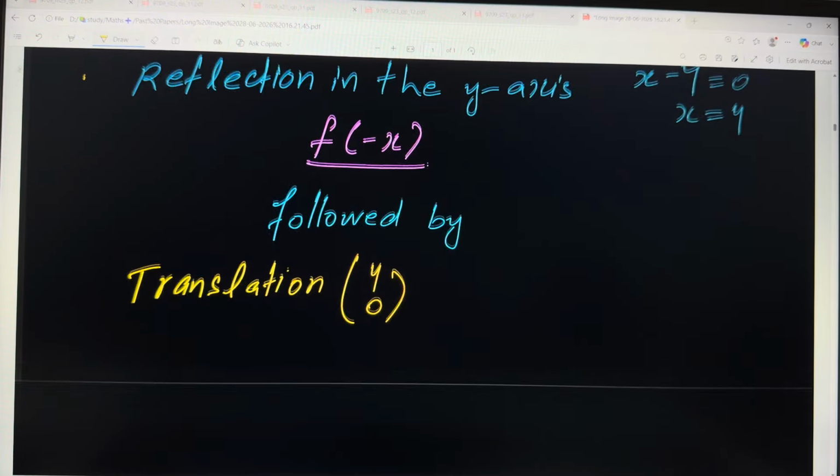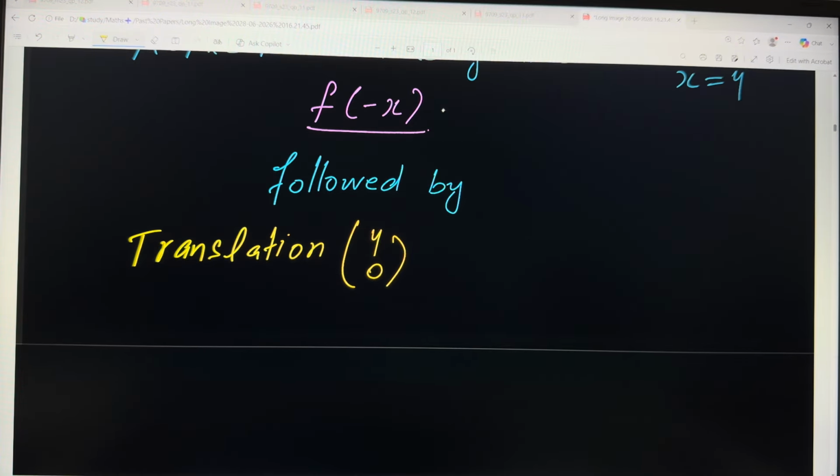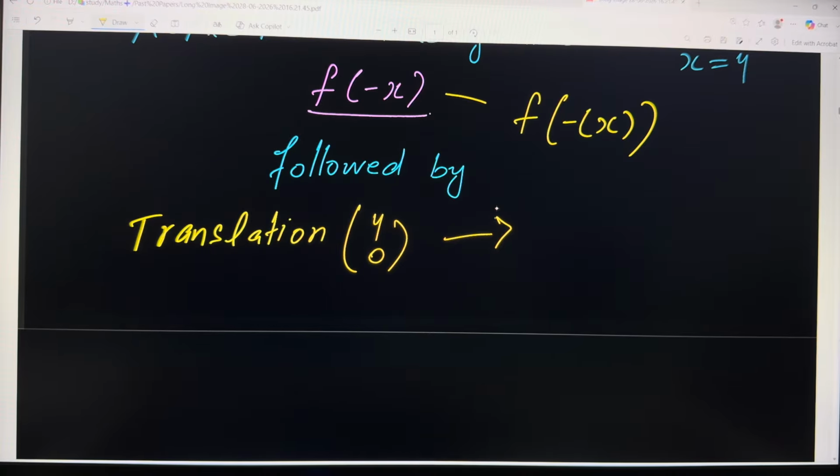What I mean by this is, we write this as 4 minus an x isolated, we don't write it with the x. And then if we do translation plus 4, remember in the bracket this will be minus 4, so in the bracket it will be minus 4, not 4.